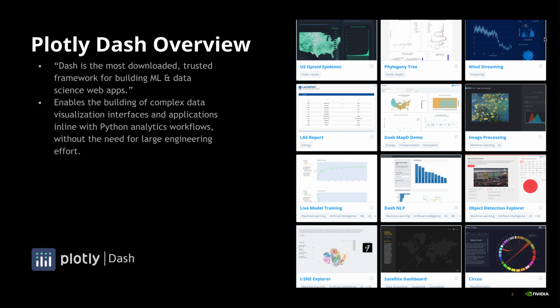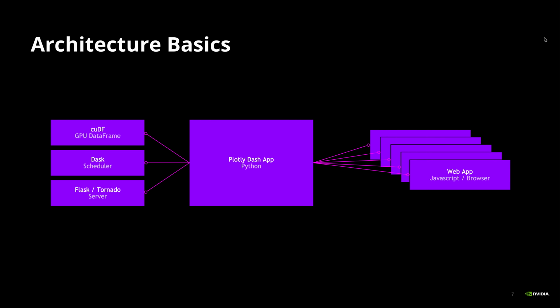You can build these complex interfaces and applications in line with your Python analytics workflows without needing a large engineering effort. When you spec it all out in Python, their tooling hosts it, runs it, and builds all the middleware backend stuff. And it's all based in Python, which means it can work nicely with the RAPIDS libraries.